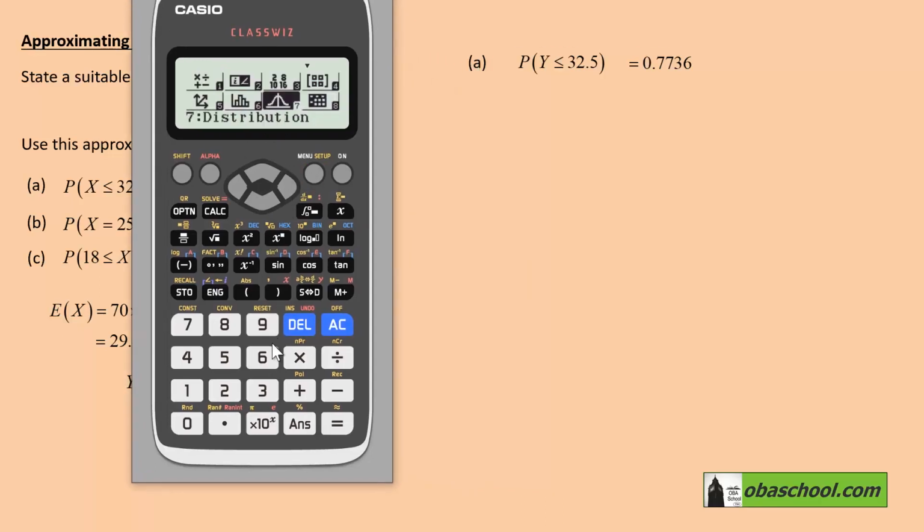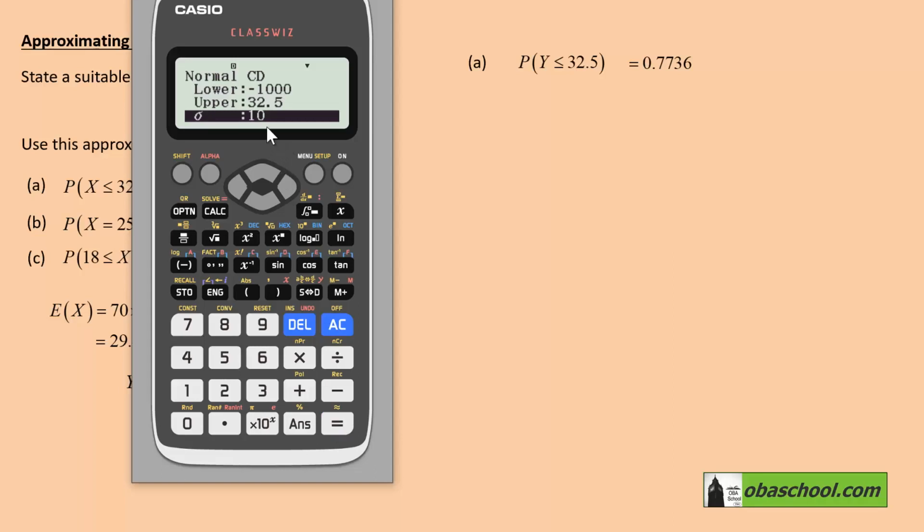So we would go to the normal distribution, which is number 7, and we want a normal CDF, which means a range of values. For the lower, we just need to choose it to be a lot lower. I'm just going to put in something like negative 1,000. It really doesn't matter as long as we go a lot of standard deviations below. The upper is 32.5.